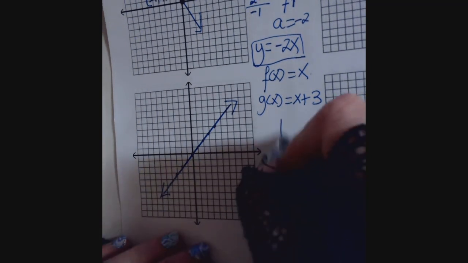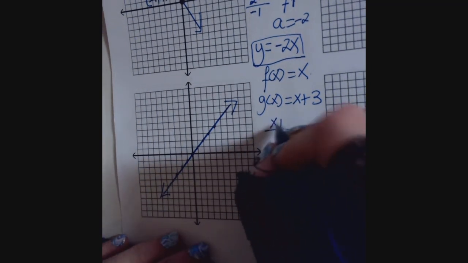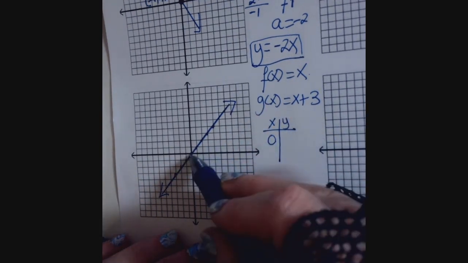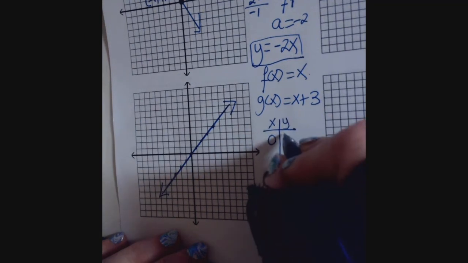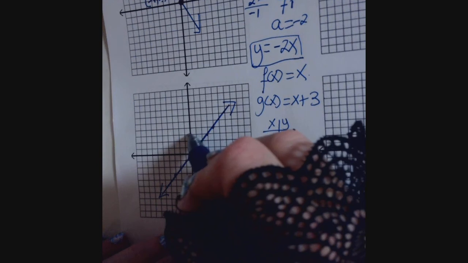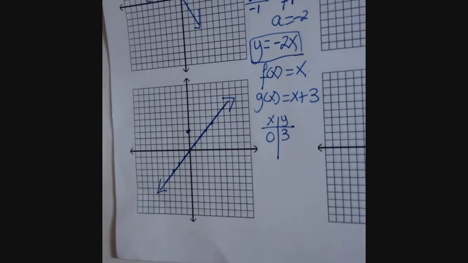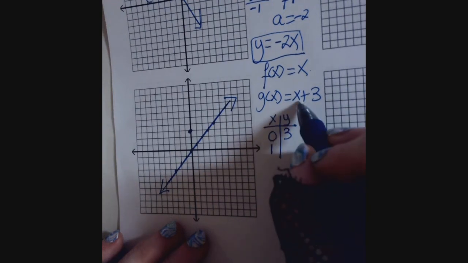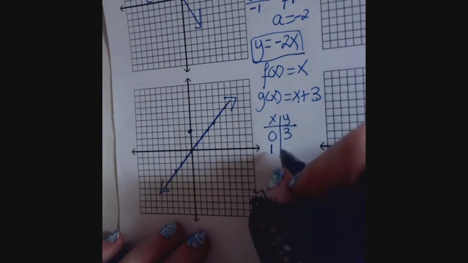So now I'm going to go ahead and pick some of the same numbers. So if I put a 0 in here, if I start at 0, the same with this one, I have to start at 0, 3. So 0, 3, it does not start at the same spot. This is a new one, okay? Then if I pick 1, I plug in a 1 for x, 1 plus 3 is 4.